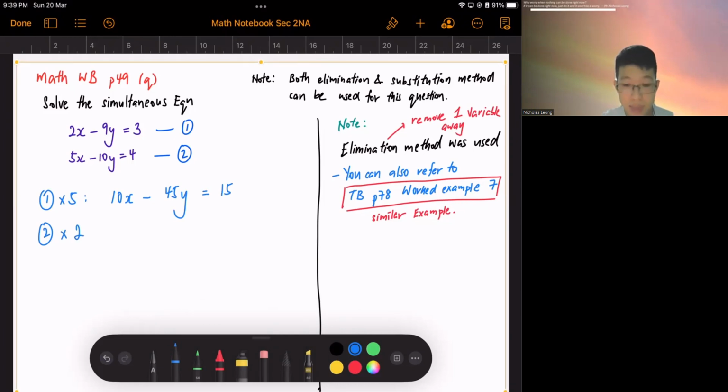In this case, I will get 10x minus 20y equals 8. I rename these two equations as equation 3 and equation 4 because they are different from the first two equations, so I give them a new number.